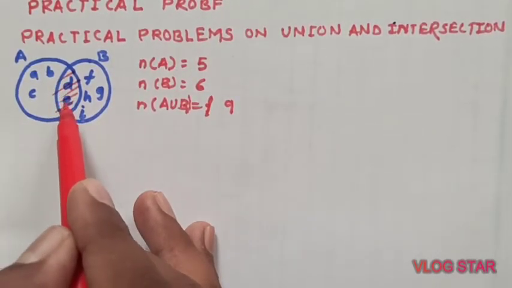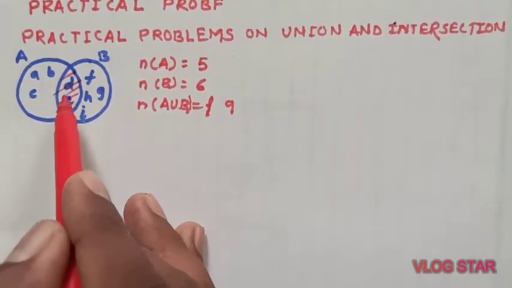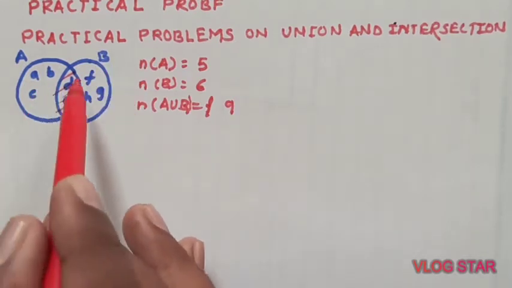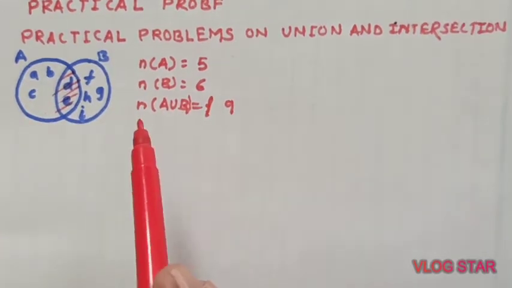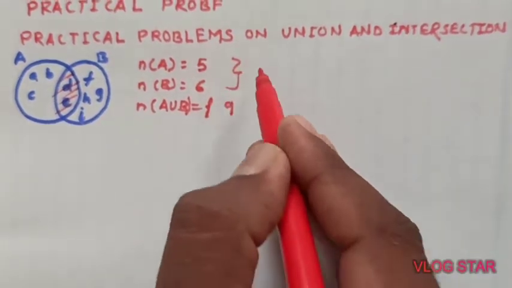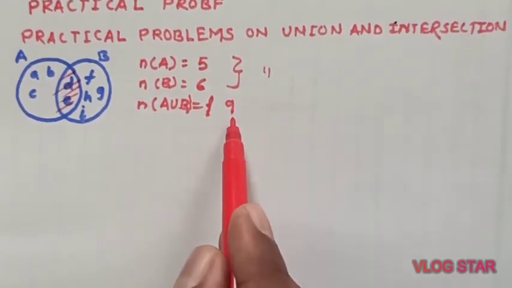So d and e are counted in A as well as in B separately. So the counting comes in A and also in B, hence repeated counting. In a union we do not count repeated elements, so therefore there is a difference. So this addition comes to 11, but the actual union contains 9 elements.